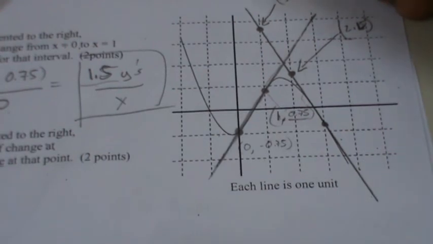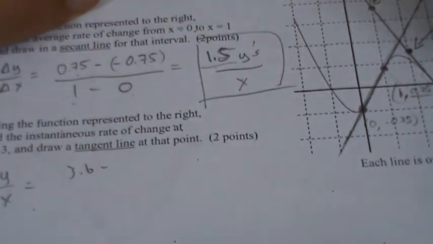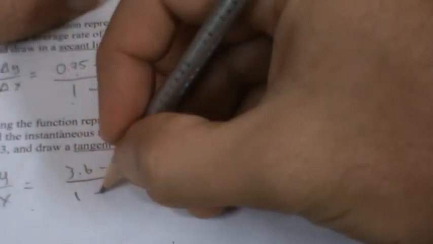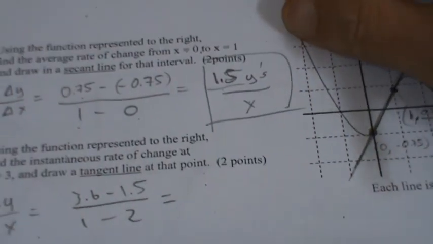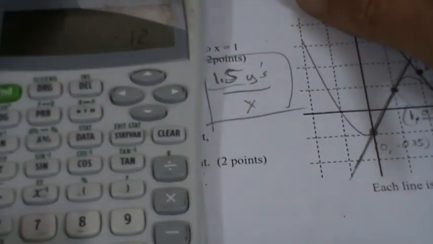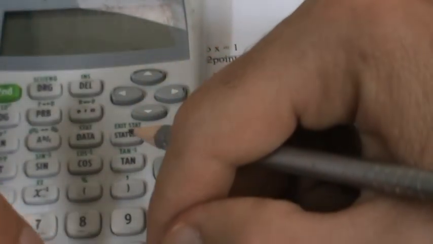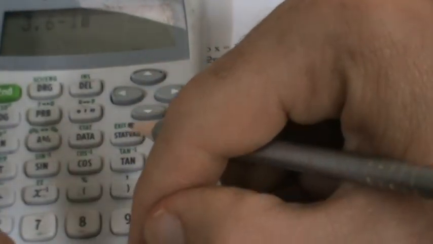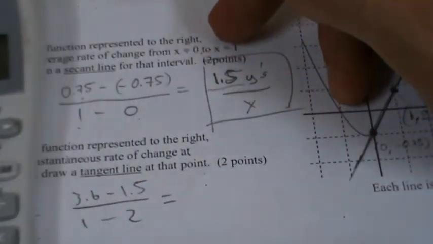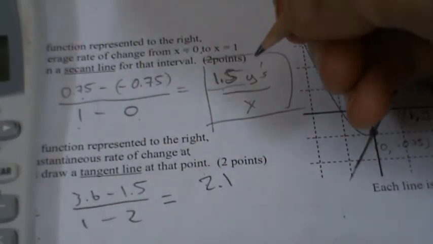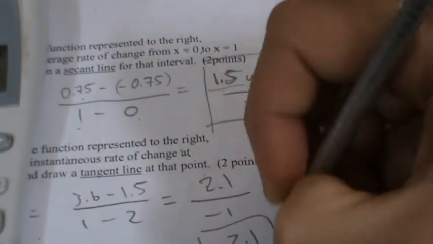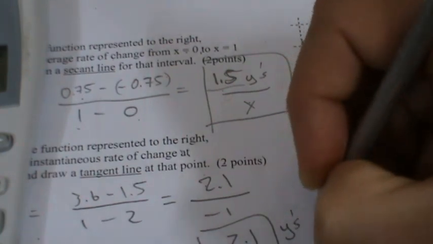And now I'm basically just going to do the slope of this minus this over that minus that. So 3.6 minus 1.5 over 1 minus 2. 3.6 minus 1.5 is 2.1, divided by a negative 1, and so my slope is a negative 2.1 y's per x.